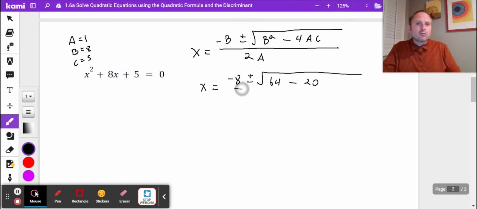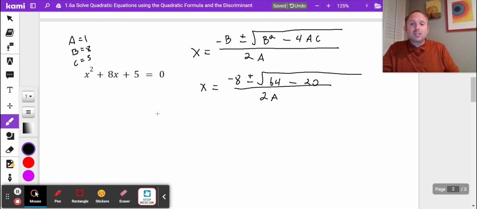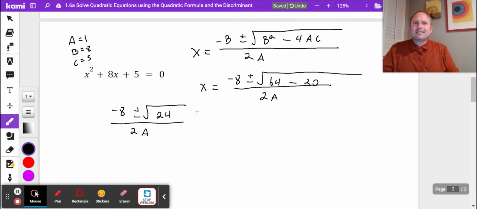Okay, cool. Now I'm going to divide all that by 2a. Well, 64 minus 20 would be 44. And so I'm going to have the square root of 44, plus or minus, into this negative 8, all divided by 2a.